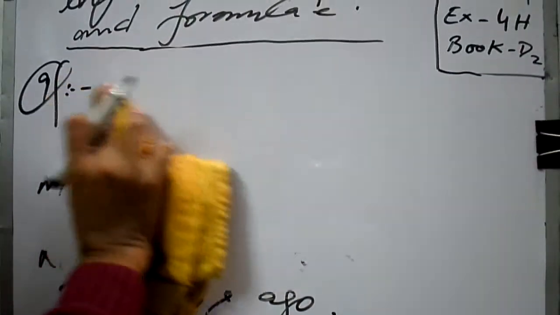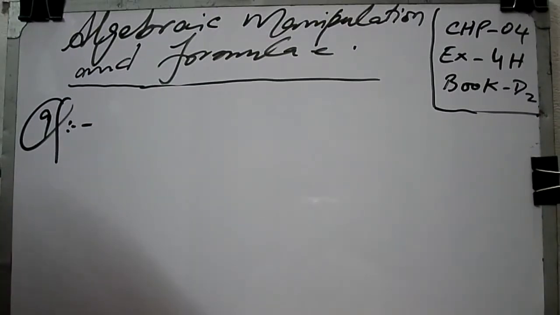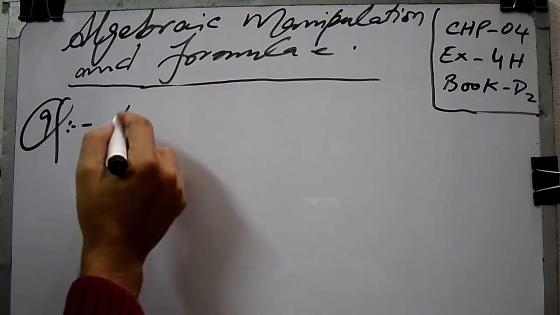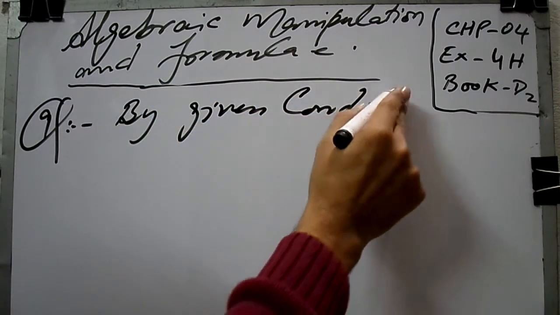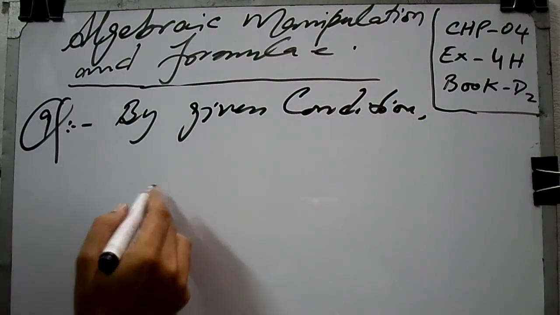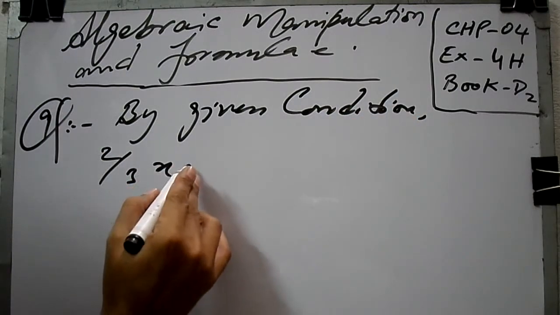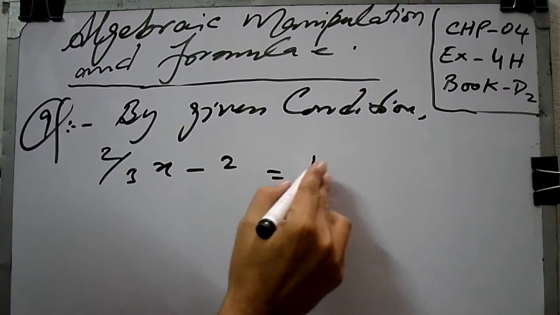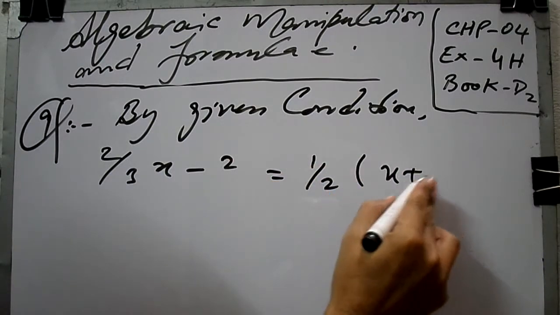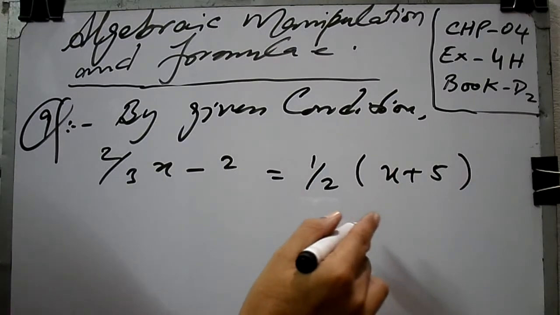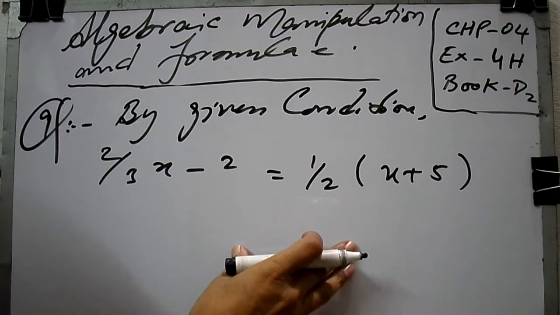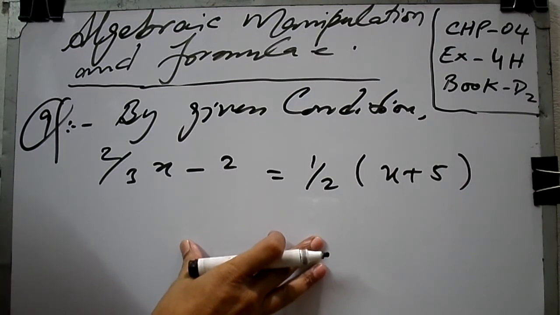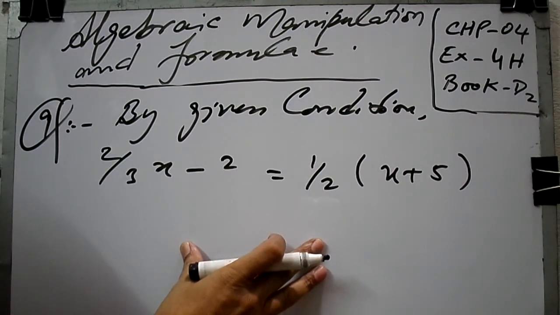Now you should merge all the conditions into one. By given condition, 2/3 x minus 2 is equal to 1/2 of x plus 5, that is Peter's age in 5 years time. By taking LCM or simplification, you will get this.